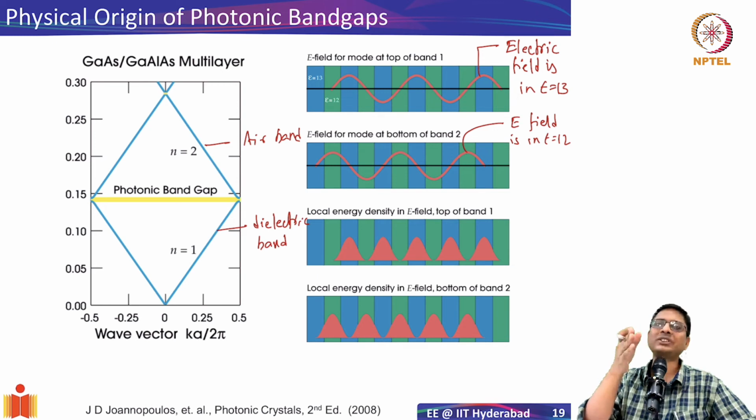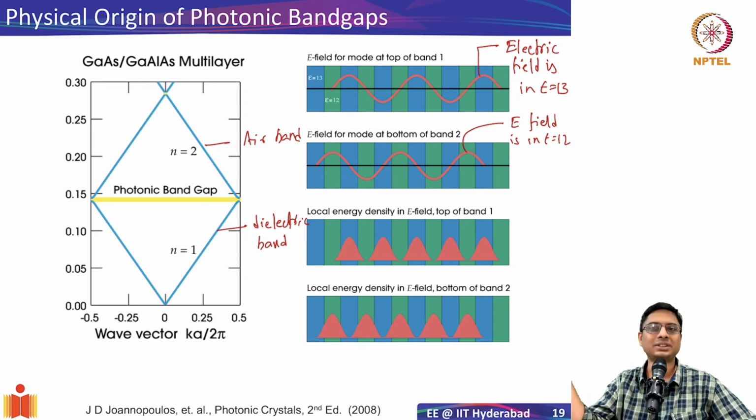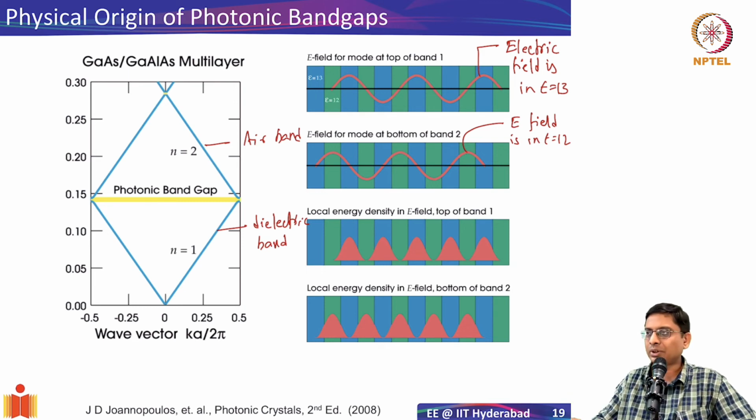So when the wave periodicity matches the periodicity of the structure, multiple reflections can occur, and then there's a strong buildup of energy. There's a large density of states available. That's why we already told you about the dispersion relation, and we said the density of states for the EM wave is going to be proportional to d omega by dk. Okay. So whenever you hit these points, you'll start seeing that there's a large probability of a wave being confined, a wave having this particular wave vector and this particular energy.